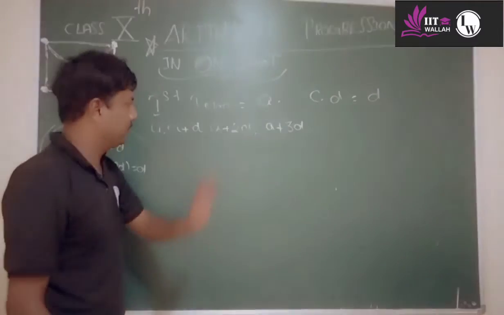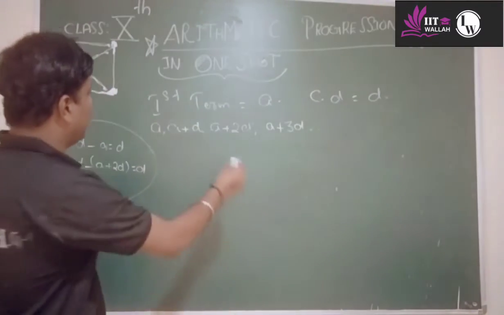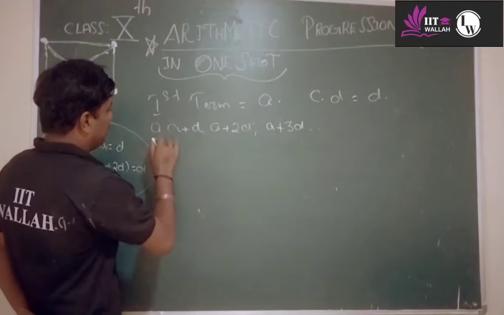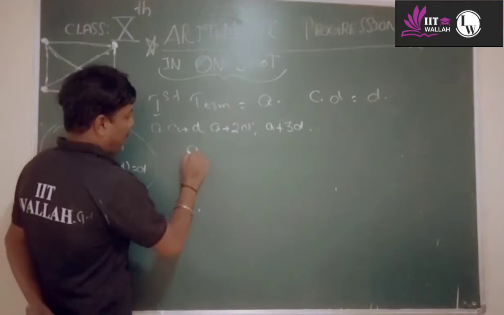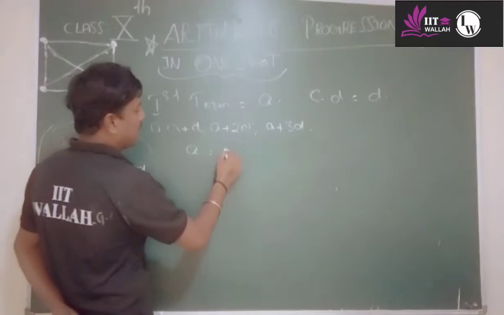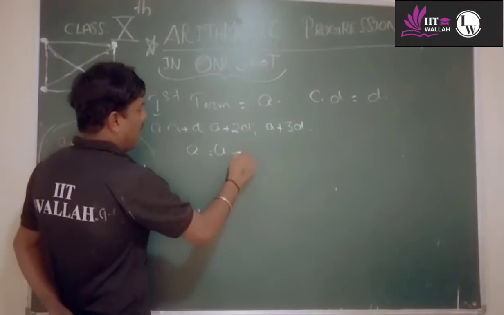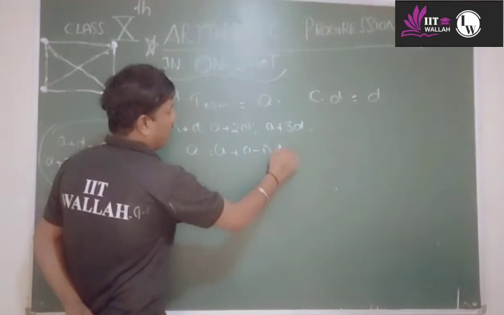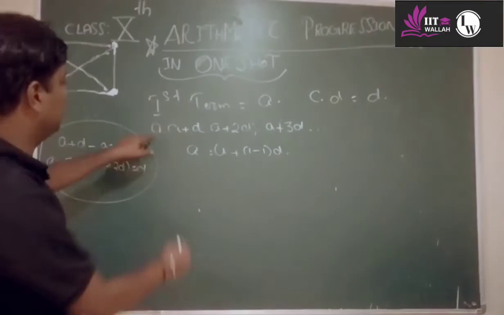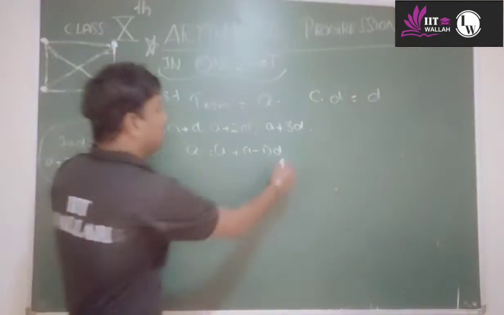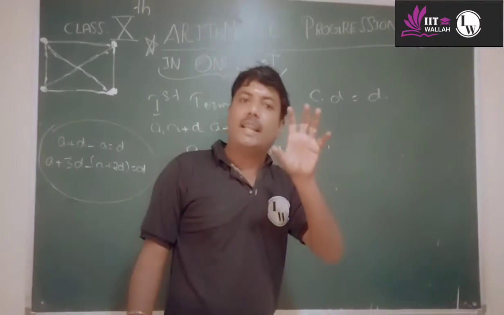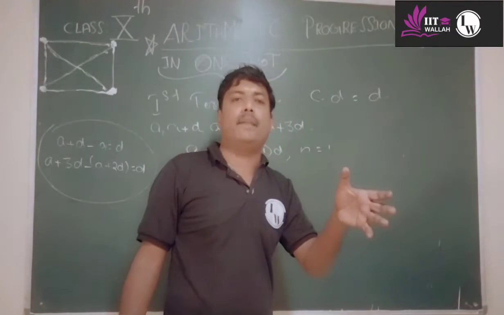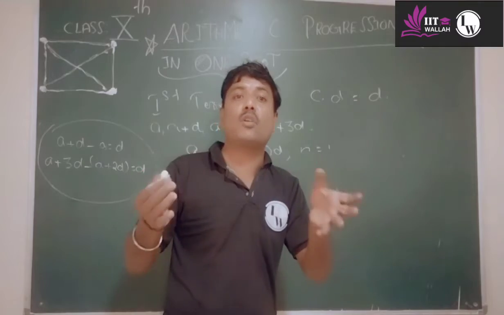Like this. So from this, we can understand that the first term is A. I can write A plus 1 minus 1 into D, right? Because this is the first term. That means n equal to 1. n means the number of terms in the AP, total number of terms.